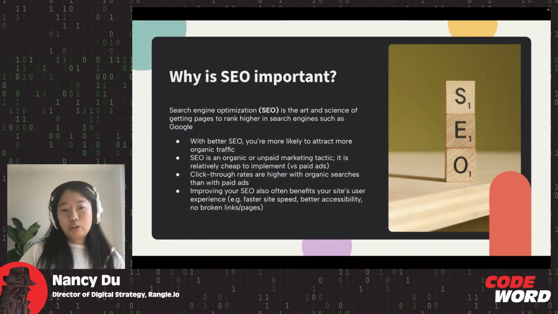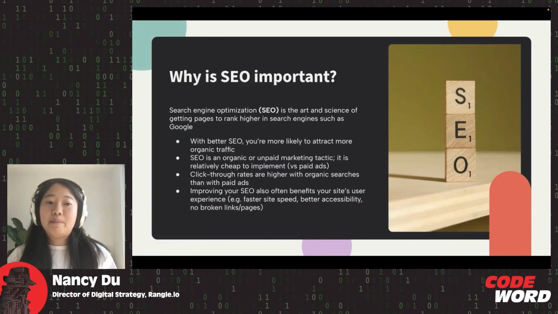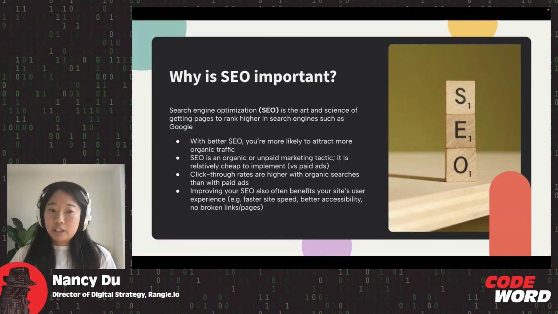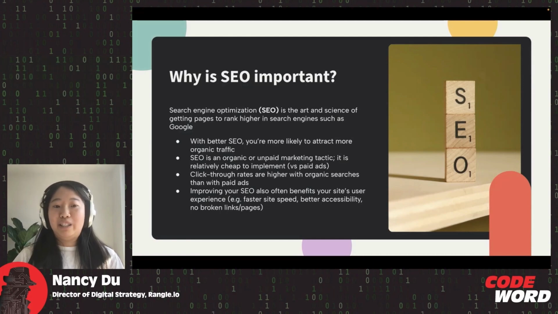Research also shows that click-through rates are higher for organic searches than paid ads. Even though paid ads on Google search tend to be the first thing that shows up, research shows that people actually choose to scroll down and click on the first non-paid results.